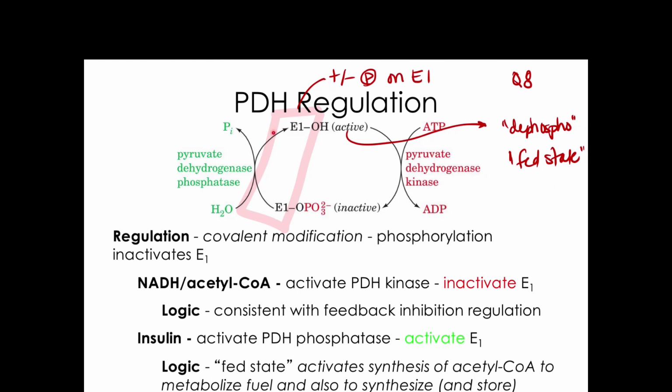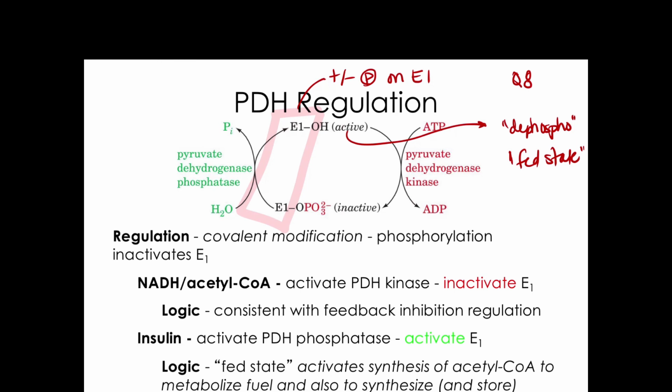This is consistent with our logic check, that we want pyruvate dehydrogenase to be active during a fed state so that we can handle the accumulation of pyruvate. So we're going to have a phosphatase responsible for removing that phosphate, and then a kinase for adding that phosphate.